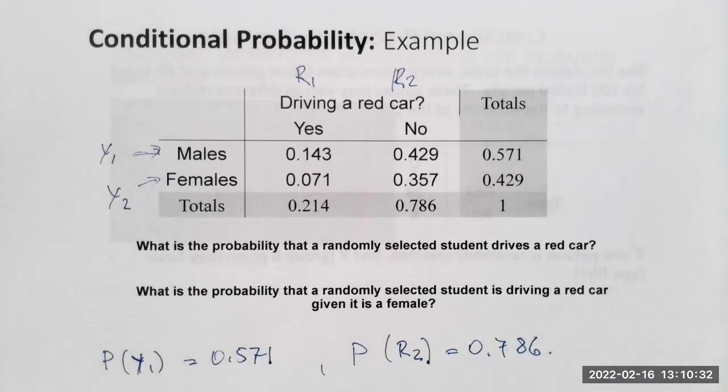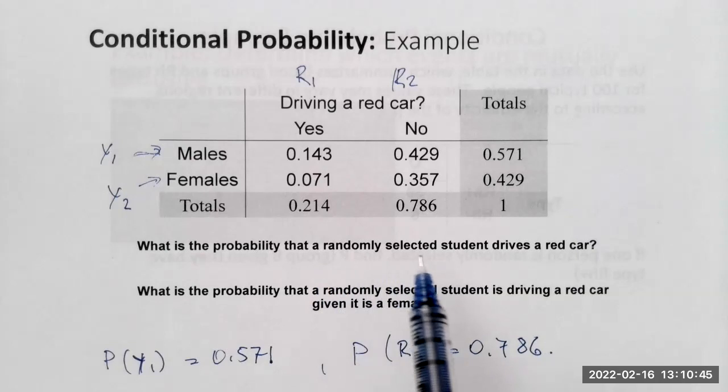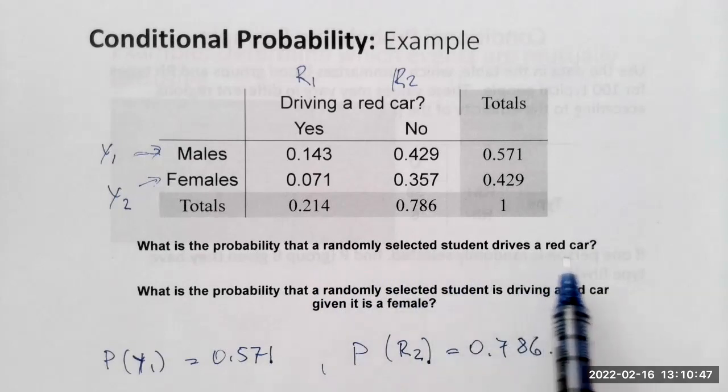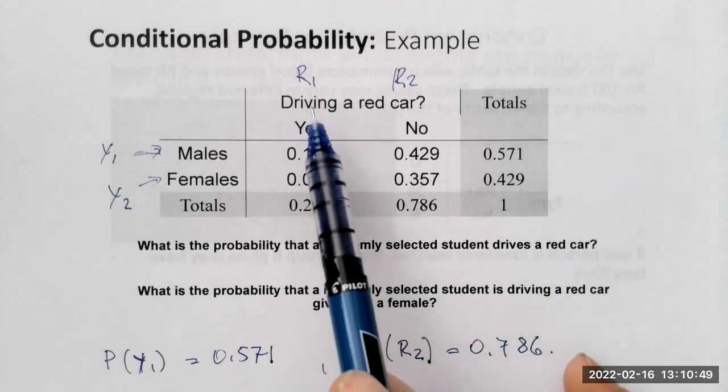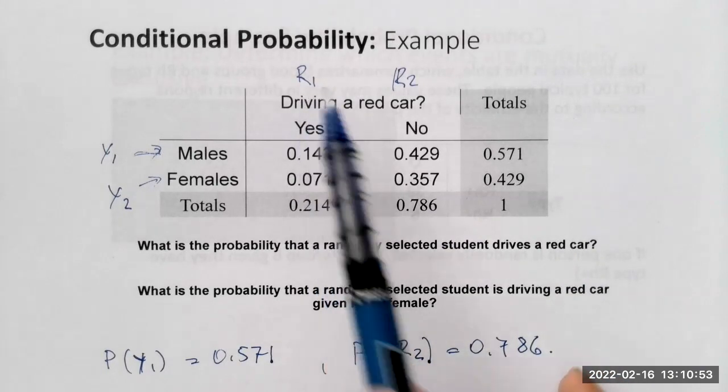So now that we know how contingency tables work, we can start using them to find probabilities. So the first question here is, what is the probability that a randomly selected student drives a red car? So that would be this event R1.